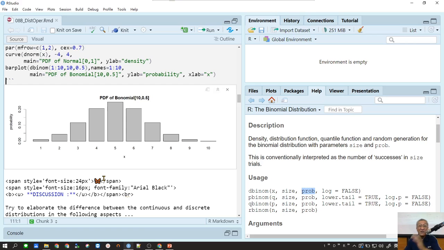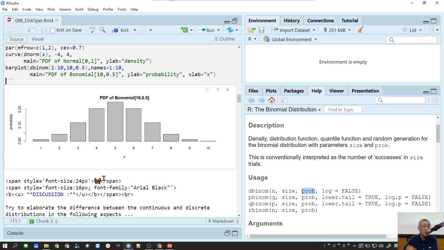It is not something you need to integrate. So this d function acts differently for discrete and continuous variables. For a continuous variable, it returns the density of a specific x. For a discrete distribution, it returns the probability directly.